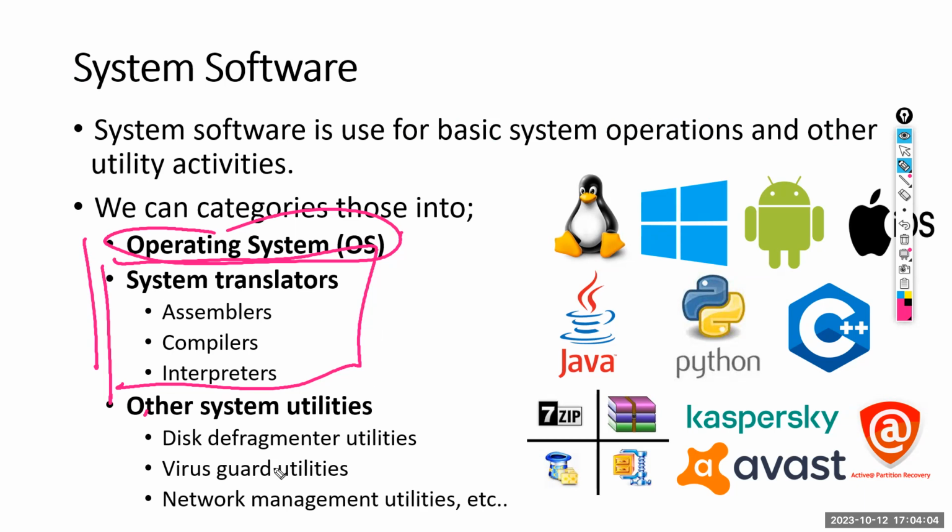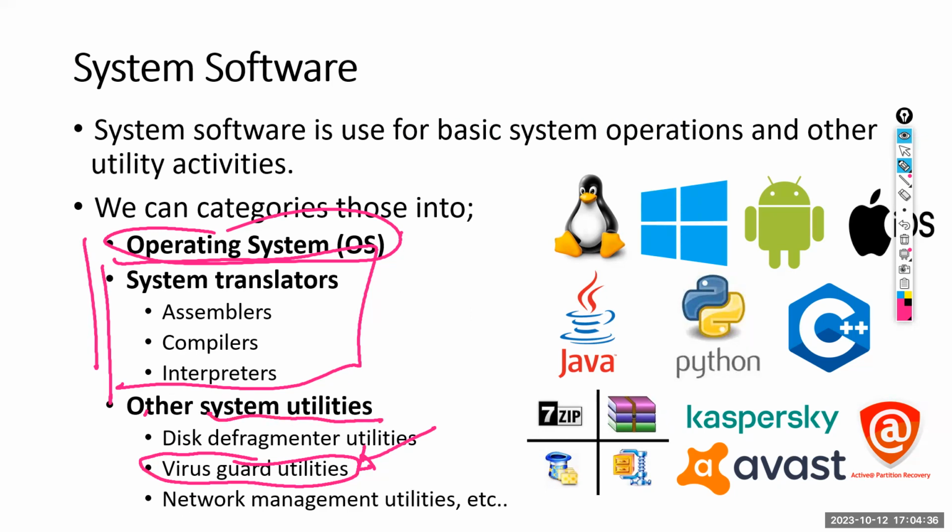You can have security utilities. It's the same as a particular office or house having a security person, not because we like that person, but because we have to survive other issues. Same thing, your computer may have a virus guard or any other security-related software. Those are part of the system utilities.